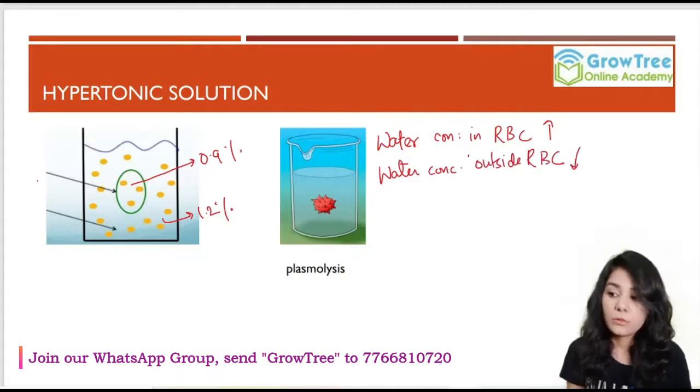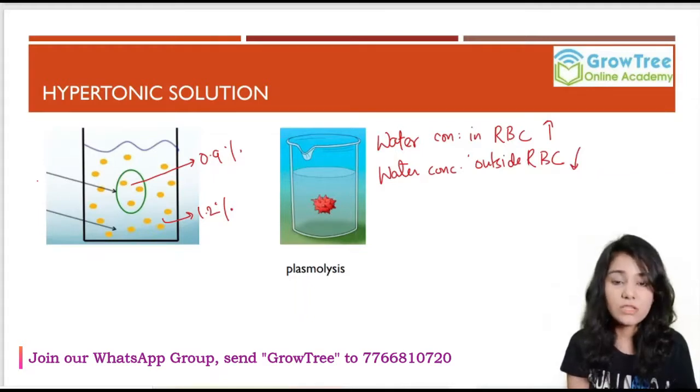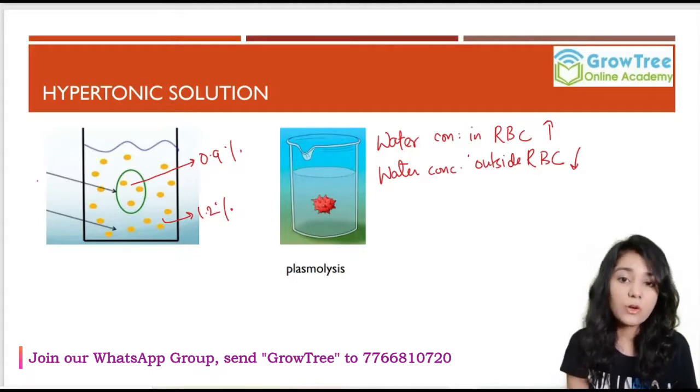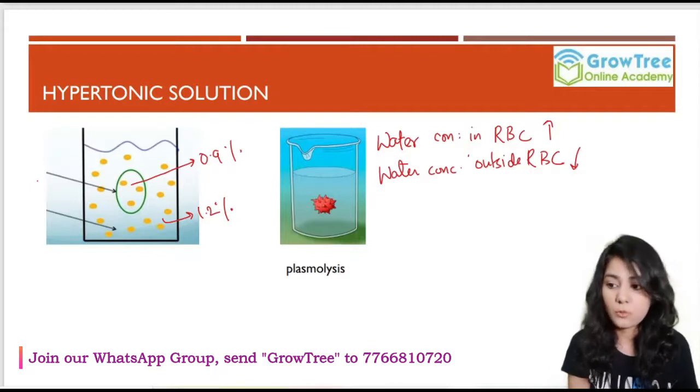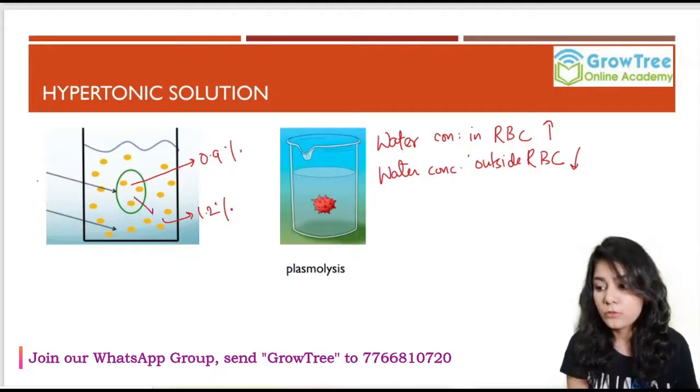Now what will happen, as we discussed in the definition of osmosis, is that water molecules will move from a region of higher concentration of water to a region of lower concentration of water. So water will move from the inside of the cell to the outside.